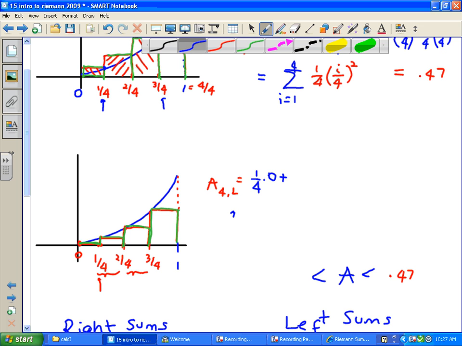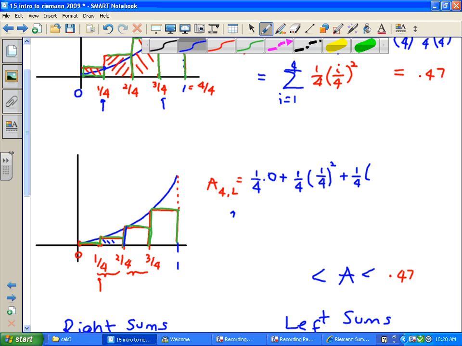Okay, who can tell me the area of my second rectangle here? So right now I'm using the left endpoints to get the heights. The base is 1/4, correct? We're plugging in 1/4 now into the function, so it's going to be 1/4 squared. The next one, base is 1/4. What about the height?